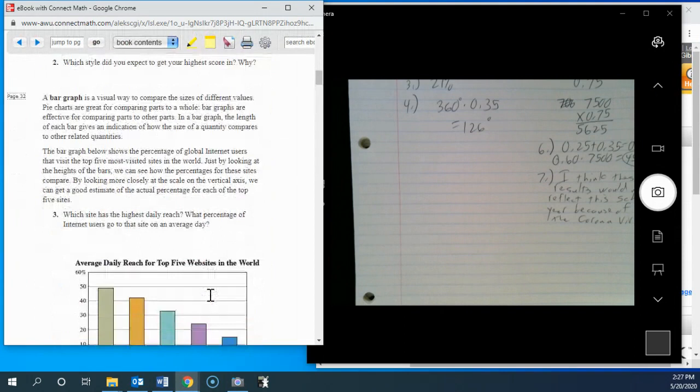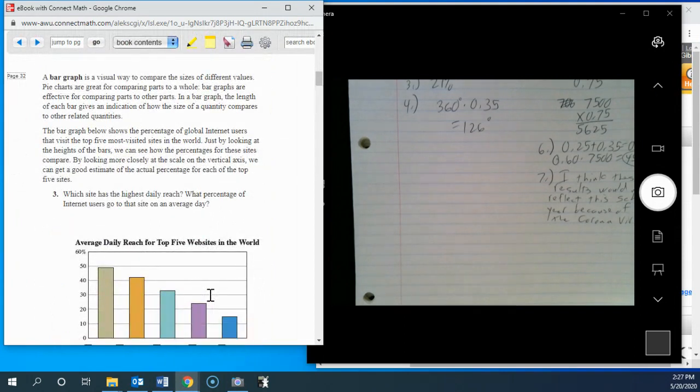Page 32. It says, a bar graph is a visual way to compare the sizes of different values. Pie charts are great for comparing parts to a whole. Bar graphs are effective for comparing parts to other parts. In a bar graph, the length of each bar gives an indication of how the size of a quantity compares to other related quantities.